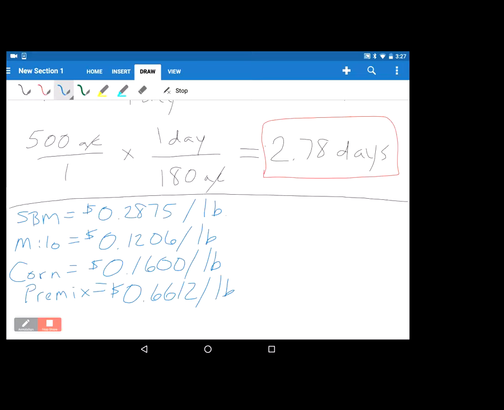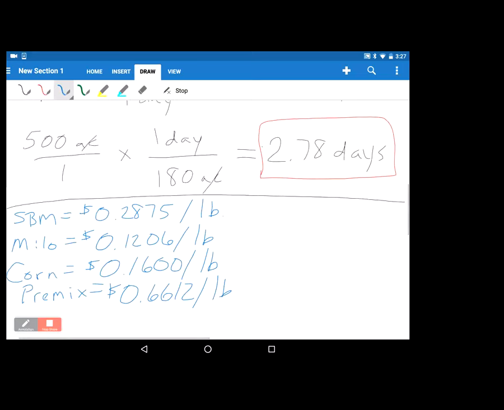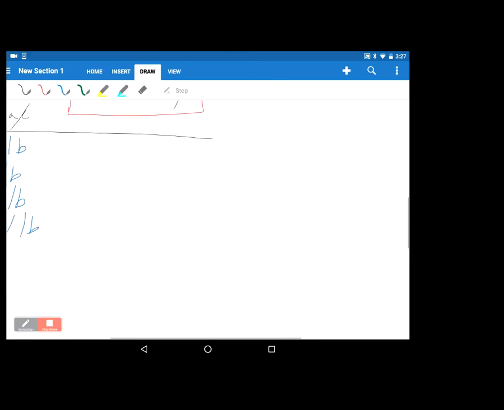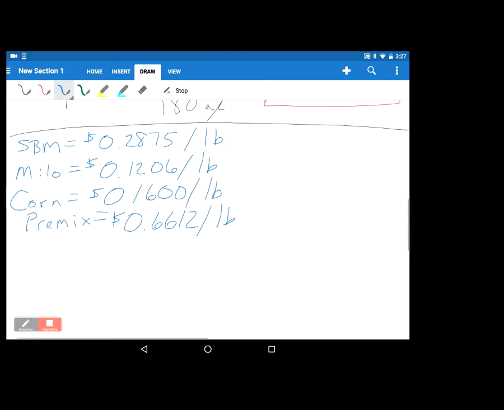So there's each of those on a per pound basis. Now we know how many pounds of each we have. Go ahead and bring up Excel here. Calculator.